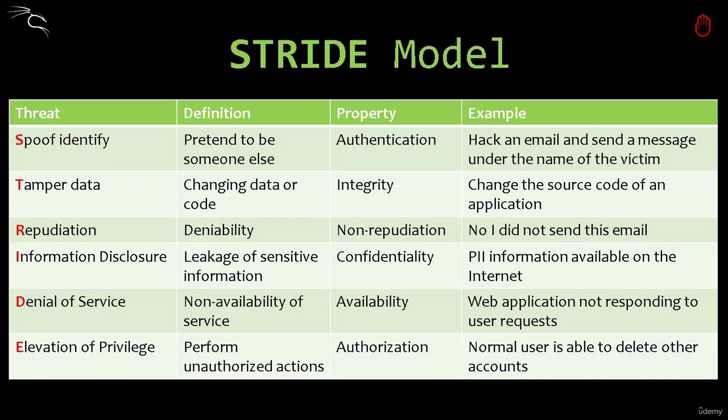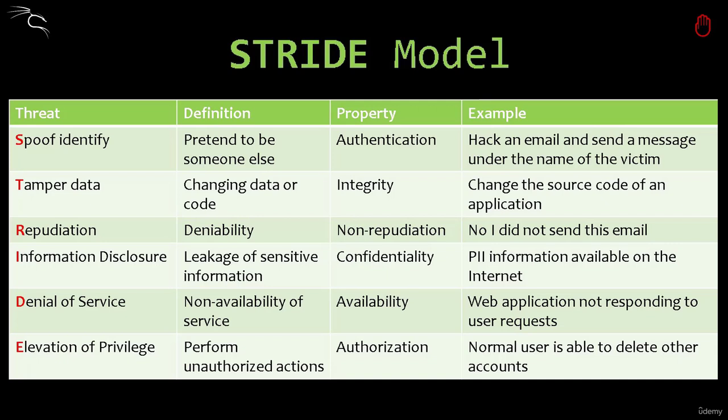STRIDE is a mnemonic for spoofing, tampering, repudiation, information disclosure, denial of service, and elevation of privilege. The technique is used for identifying threats in these 6 areas. It's actually another taxonomy for the famous triad, the CIA: confidentiality, integrity, and availability.